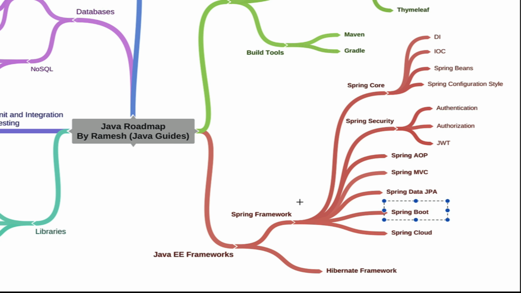We can use Spring Boot to reduce a lot of boilerplate configuration, because it provides an auto configuration feature, embedded servers and actuators. It also provides rapid application development, because we can develop Spring based applications much faster.